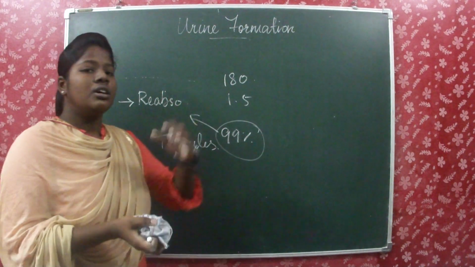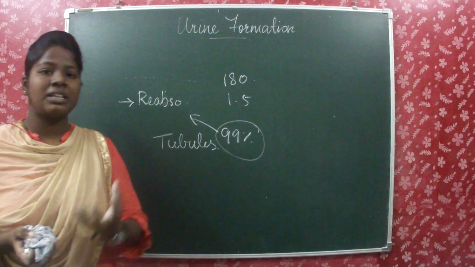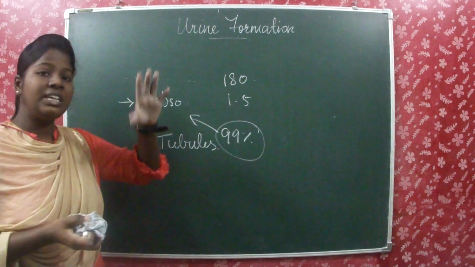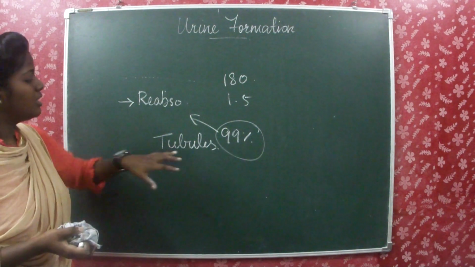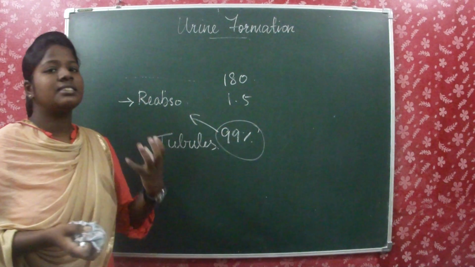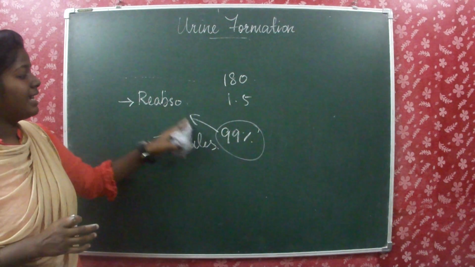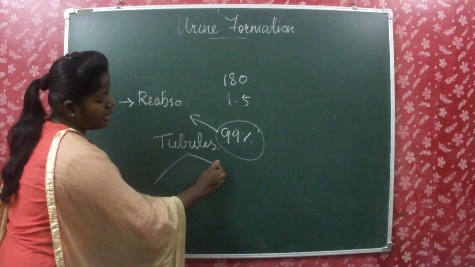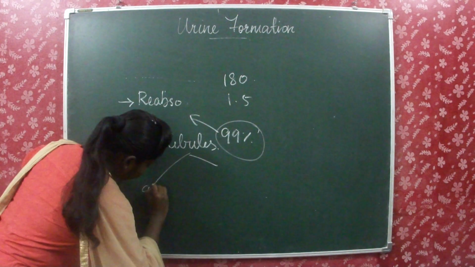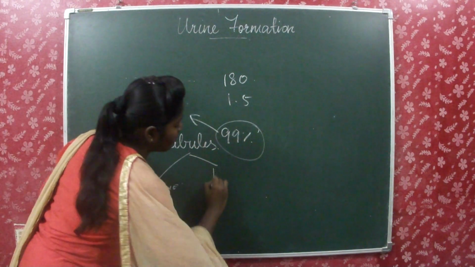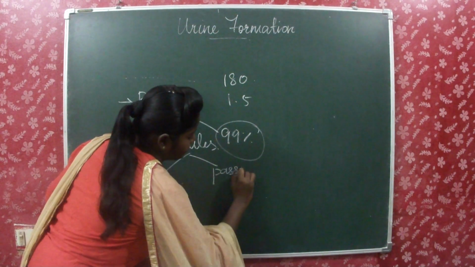We know the nephron consists of two parts, the glomerulus and the renal tubules. The filtration takes place in the glomerular region, and the reabsorption completely takes place in the renal tubules. So 99% of the filtrate is reabsorbed, either by an active mechanism or by a passive mechanism.